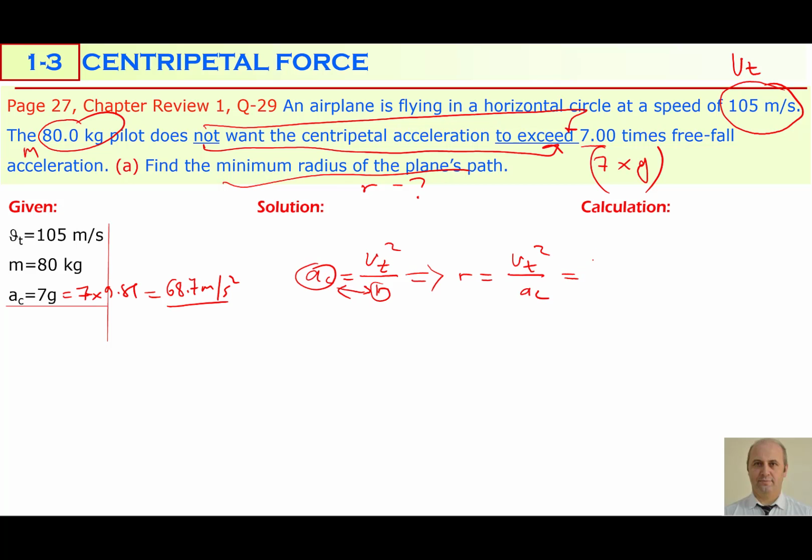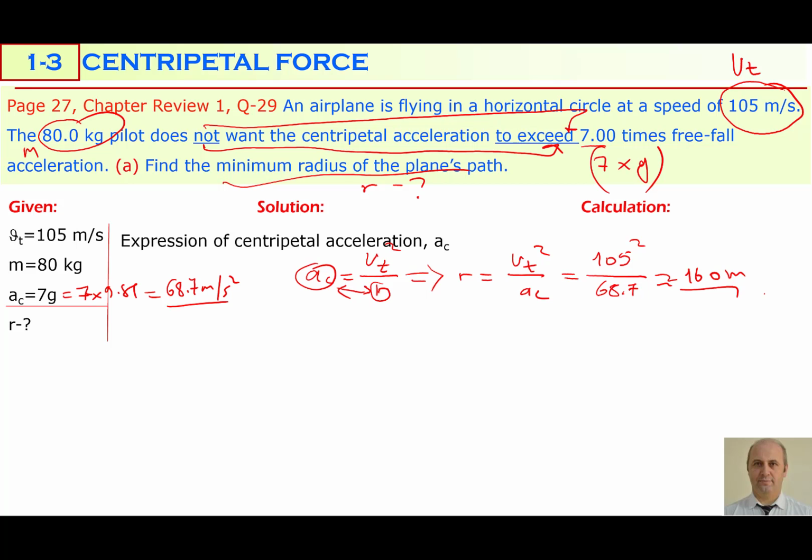And Vt is 105, squared, divided by Ac, 68.7. So let's use the calculator. 105 squared divided by 68.7, which is going to be almost 160 meters. This is the minimum radius of the plane's path.